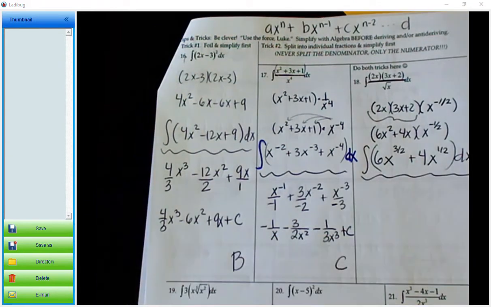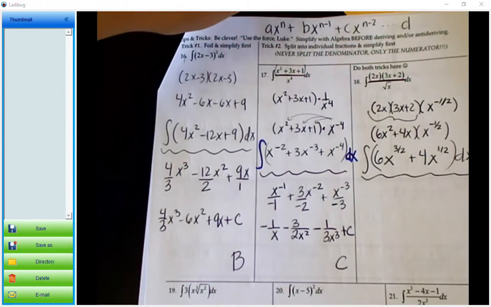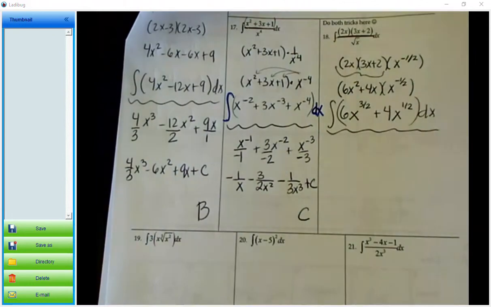Okay, and continue. Another way to match your answers, look at how many terms you have. I only have 2 terms there, so you're looking for something with 2 terms and a plus C. Helps narrow your eyes a little bit because there's so many choices.